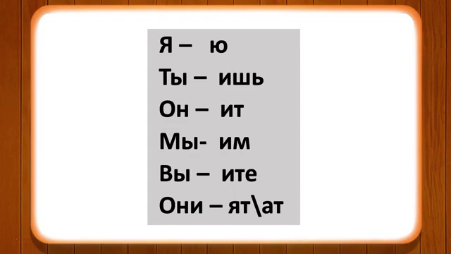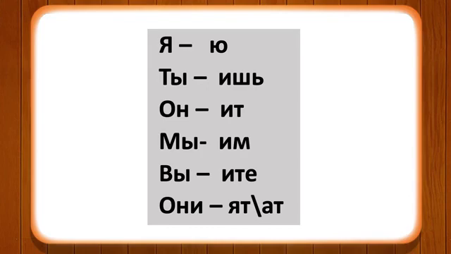I will repeat. For the second conjugation, the endings are: with ya, you take the stem of the verb and you add the ending u. For pronoun ti, you add ish. For pronoun on or ana, you add the ending it.